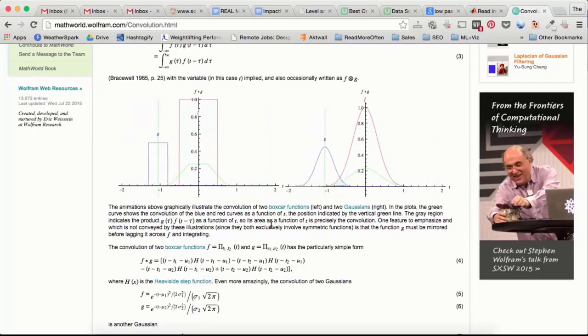The important distinction is that you're going from time in one domain to frequency in the other domain. So the important result is that convolution in the time domain, so if I convolve one signal with another, is equivalent to multiplication in the frequency domain.